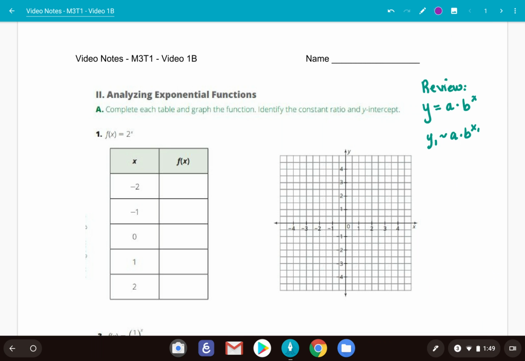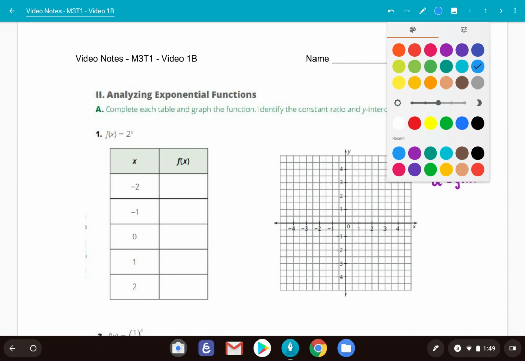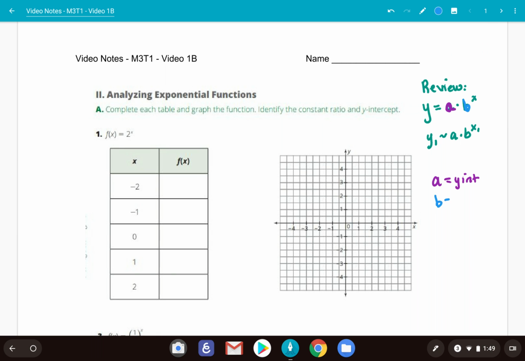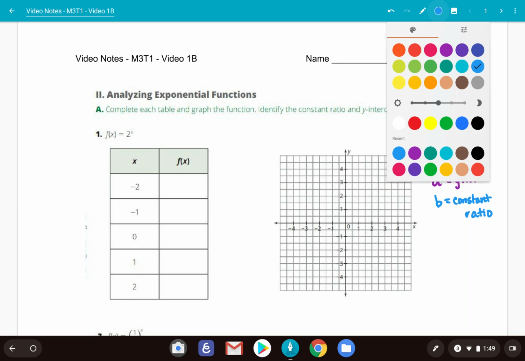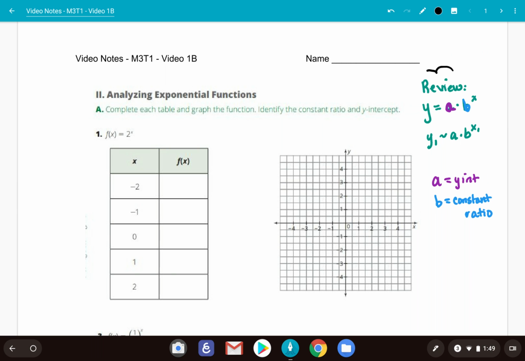Another thing you need to know is that your a value is going to be your y-intercept, and your b value is going to be your constant ratio. So that's just review. We went over that in the video that we watched yesterday.